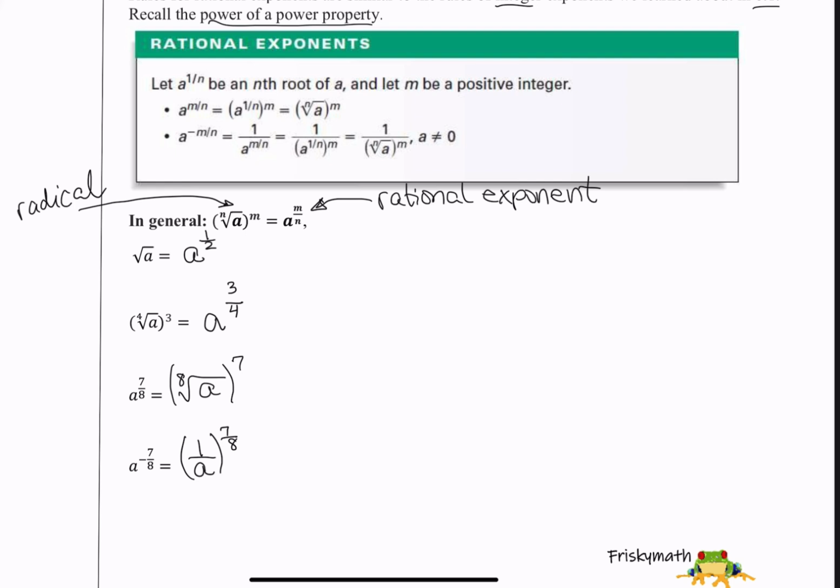Or in other words, now, the number that's going to go under my radical, my radicand, is actually going to be 1 over a. I am taking the 8th root because that's my denominator, and then I'm raising that to the 7th power.